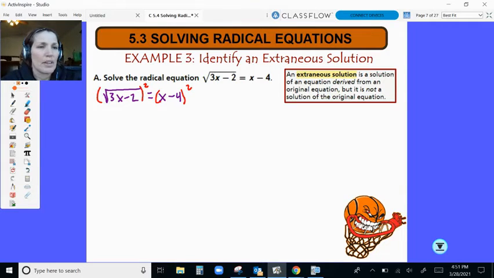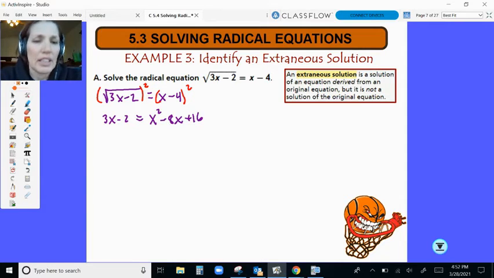Now I have 3x minus 2 equals x squared minus 8x plus 16. Remember the pattern: this term squared, 2 times the two terms, which is negative 8x, and then negative 4 squared is 16.